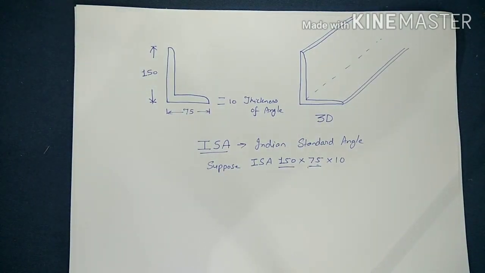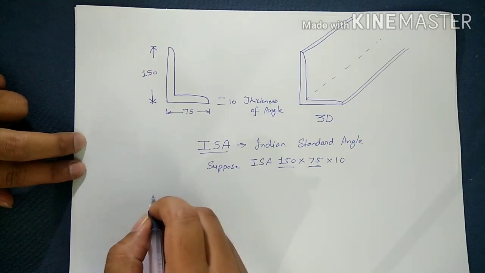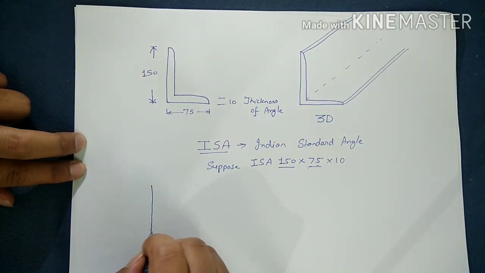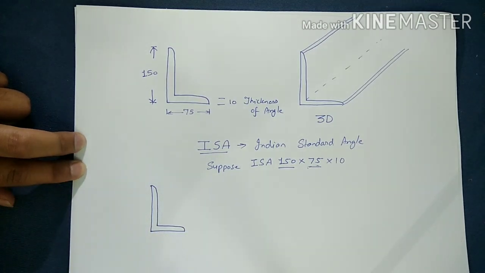Okay, now we have to understand when an angle is flattened, how the length of both legs reduces. So let's draw an angle. This is your angle.